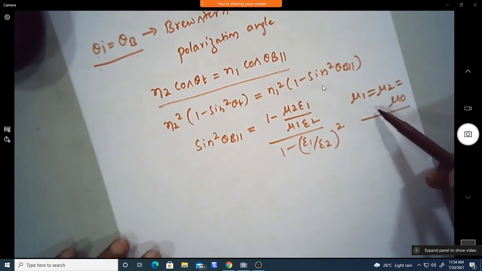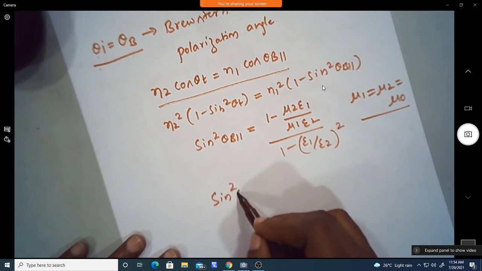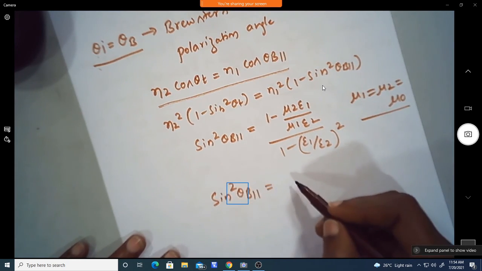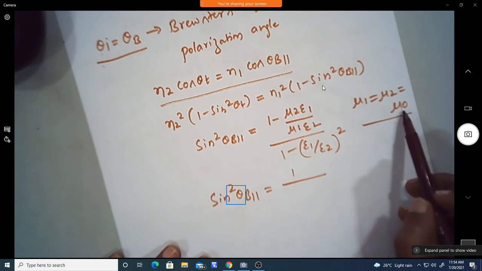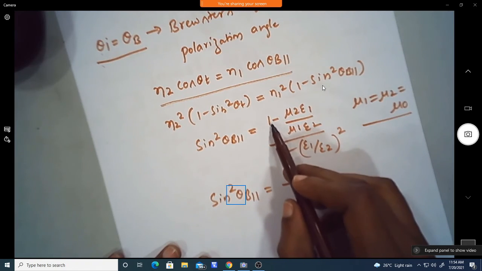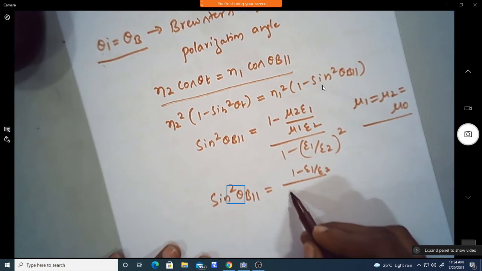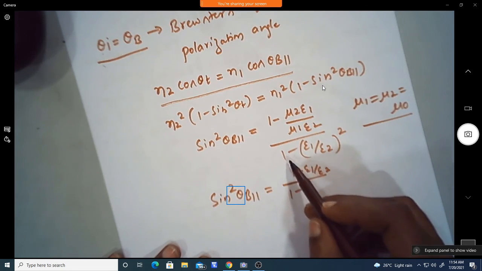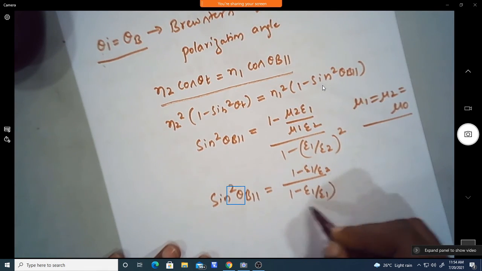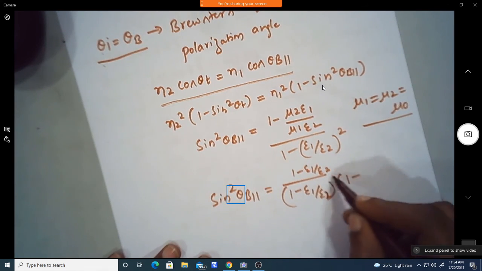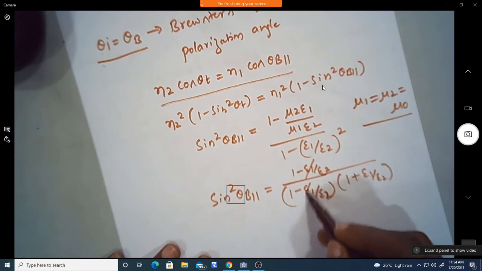For those conditions, sin square theta B parallel equals 1 over, since mu is mu naught, these cancel each other, and we get 1 minus epsilon 1 by epsilon 2 in the numerator. In the denominator we can expand it as a square minus b square: 1 minus epsilon 1 by epsilon 2 and 1 plus epsilon 1 by epsilon 2. So this term cancels.